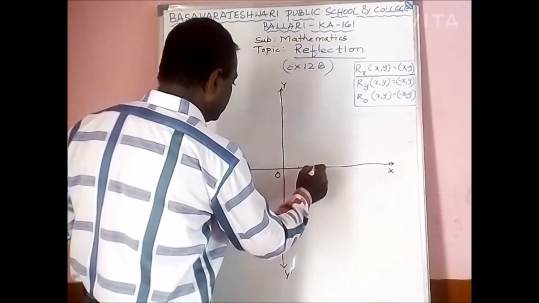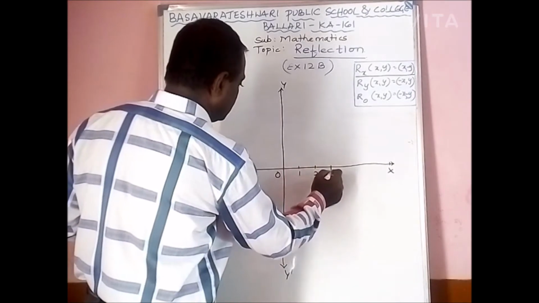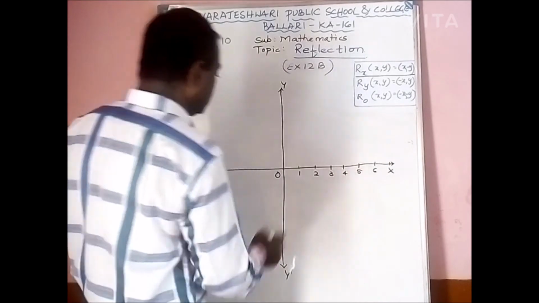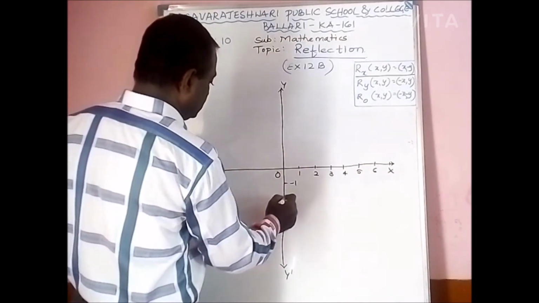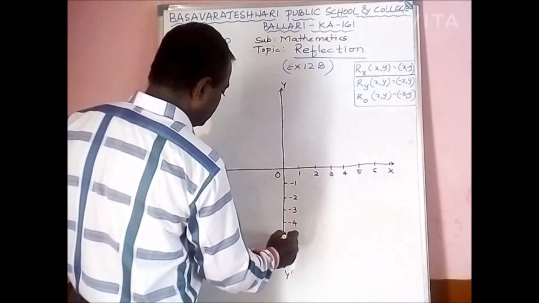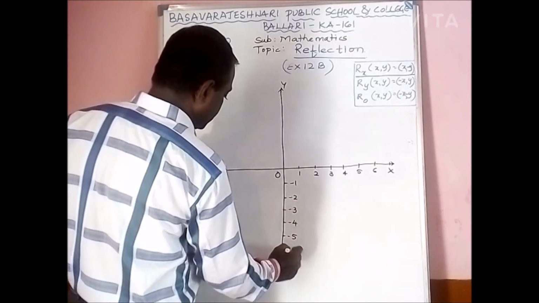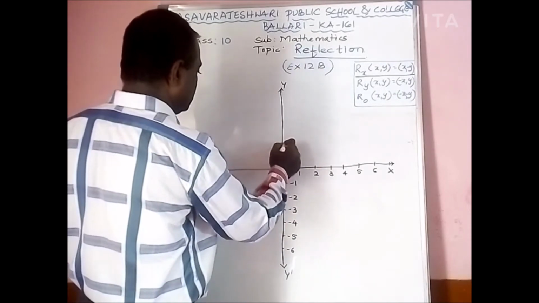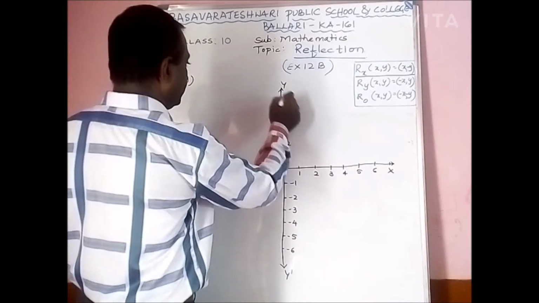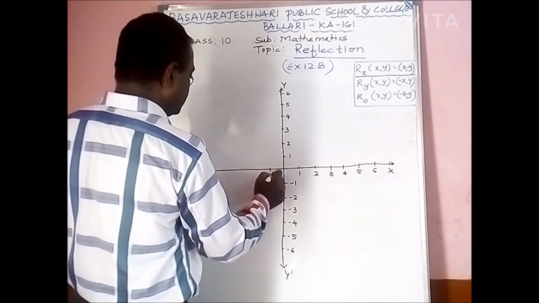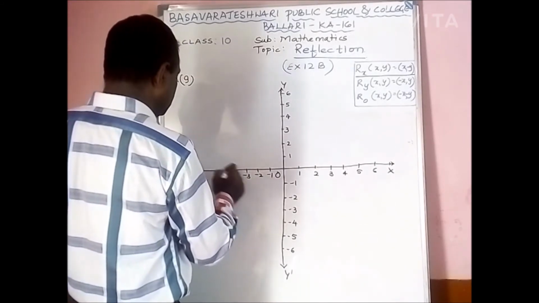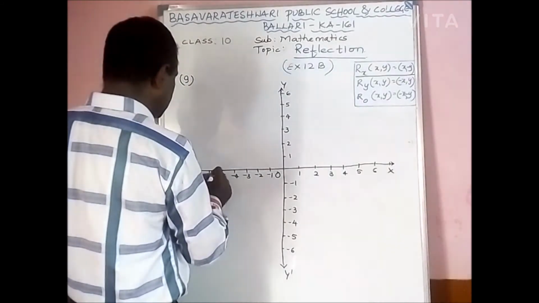I cannot do all these things here, so I am showing you how we can do it in the graph sheet. Minus 1, minus 2, minus 3, minus 4, minus 5, minus 6. 1, 2, 3, 4, 5, 6. Minus 1, minus 2, minus 3, minus 4, minus 5, minus 6.